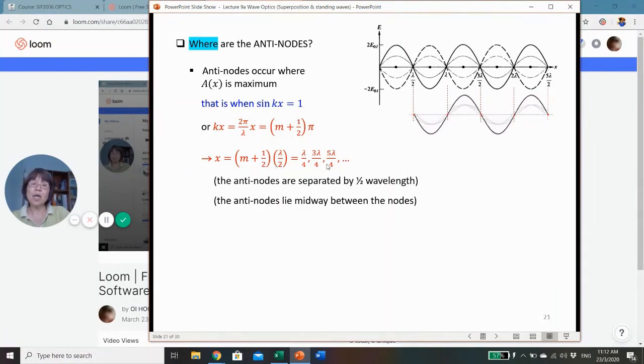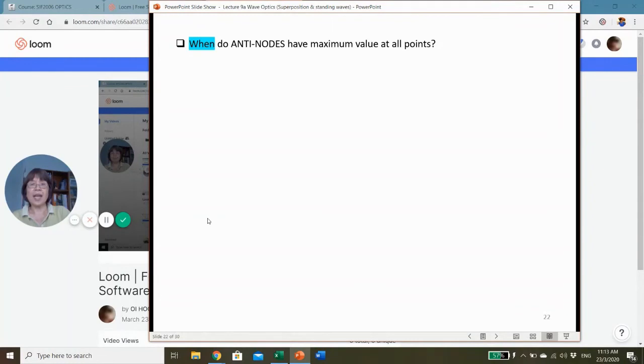So that will occur when the x position is in between those half wavelengths, which is quarter lambda, 3/4 lambda, 5/4 lambda, 7/4 lambda. So basically, from antinode to antinode, they are separated by half wavelength, and the antinodes lie in between the nodes. And then we ask the question, when do antinodes have maximum value?